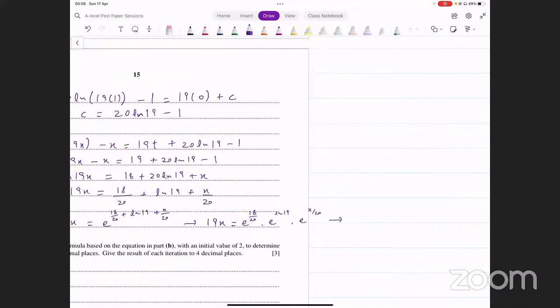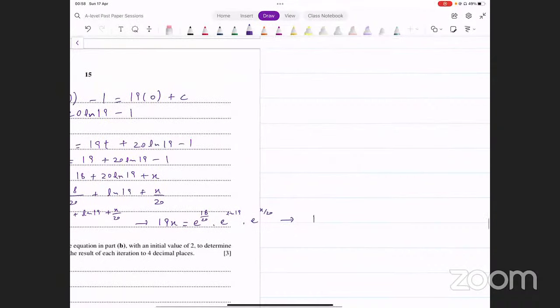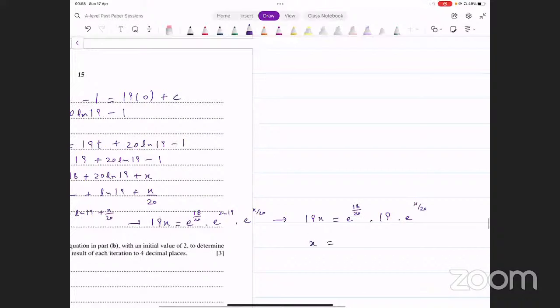Now what happens there: 19x equals e power 18 over 20 multiplied by e raised to power ln 19, which becomes 19, into e power x over 20. The 19s cancel. We have x equals e power 18 over 20 plus x over 20.